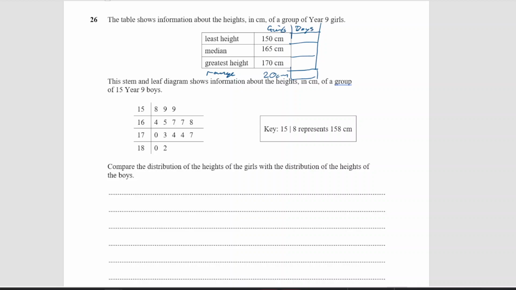So the least height for the boys is 158. The greatest height for the boys is 182. And the median for the boys, if we've got, how many, does it say 15? So the median is going to be the 8th value. So 1, 2, 3, 4, 5, 6, 7, 8. So the median for the boys is 168.